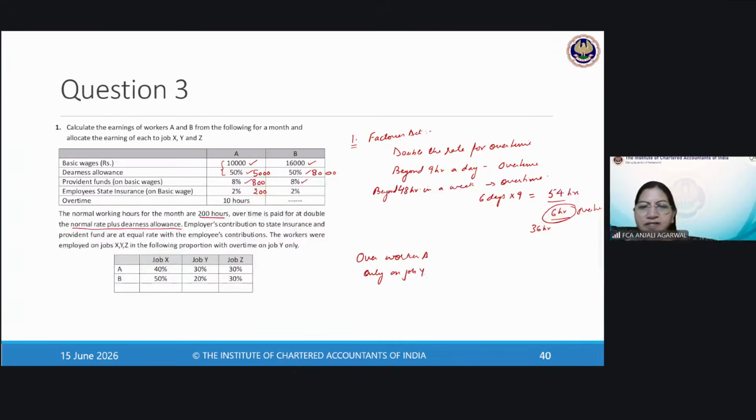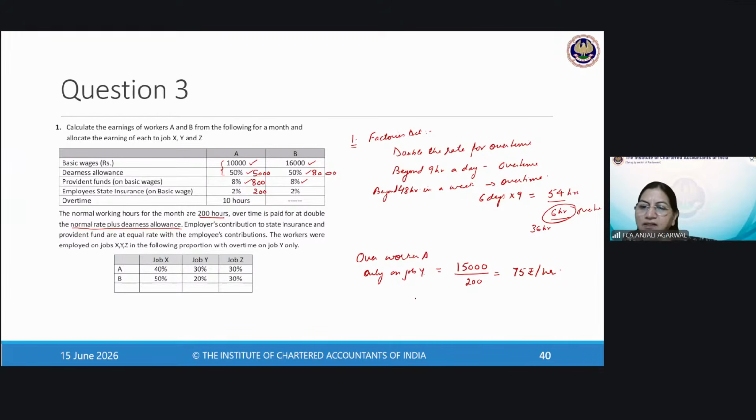So when you calculate the overtime for worker A for 10 hours, first we have to see that it is double the rate as per normal rate plus DA. So how much is he getting? Normal plus DA, he's getting 15,000, 10,000 plus 5,000. And he's getting it for how many hours? 200 hours. So this establishes his per hour rate, which comes out to be 75 rupees per hour.